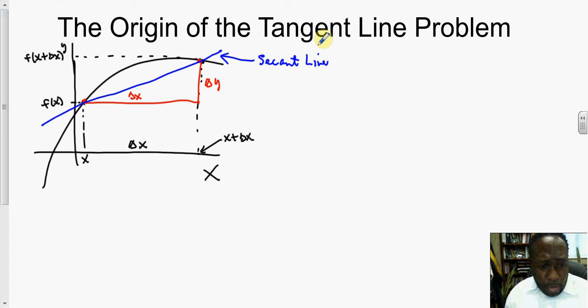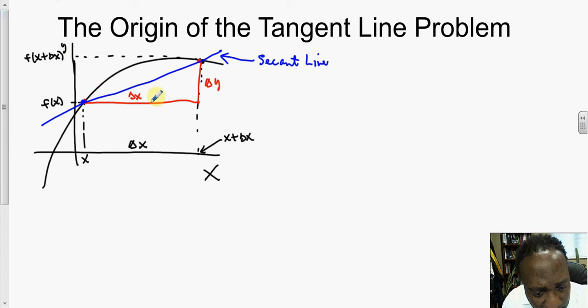With the goal of being able to find the slope at 1 point in reference to a curve, and at that point we call the tangent. The tangent is said to be a line that crosses or touches a curve at 1 point. The secant line is a line that crosses a curve at 2 points.